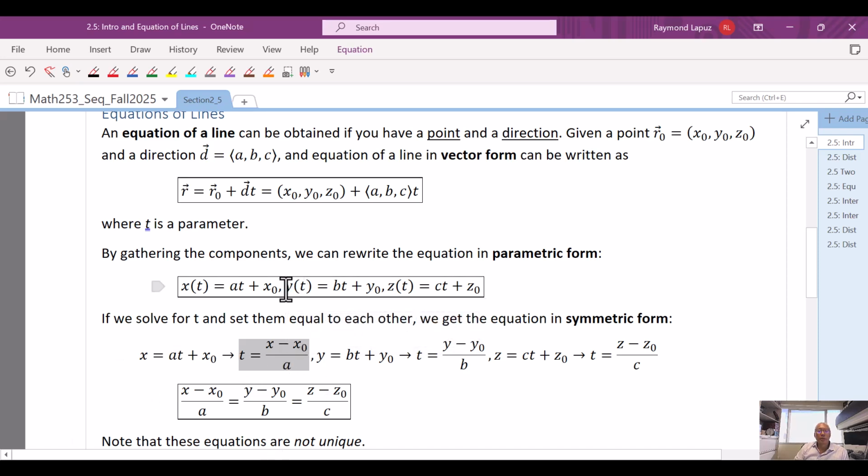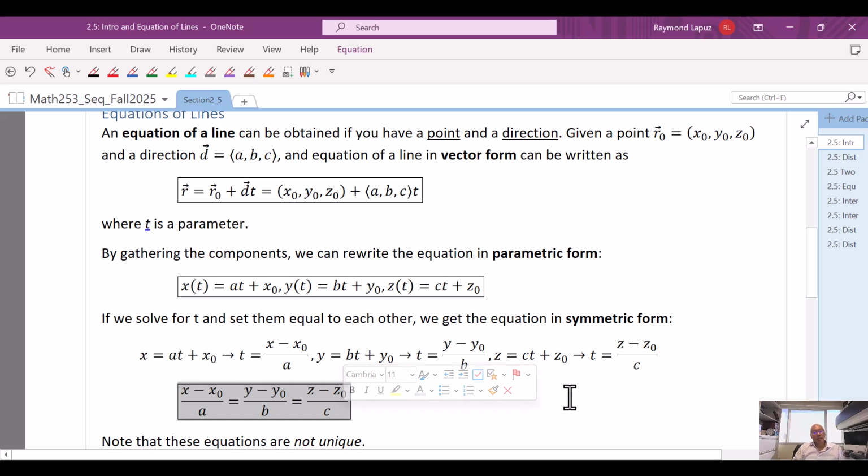If you do the same thing for y and solve for t, then t is also going to equal something with a y in it, and similarly t is going to equal something with a z in it. Now you've essentially set t equal to a bunch of things, so you can set those equal to each other, and now we have what we call a symmetric form of the line.